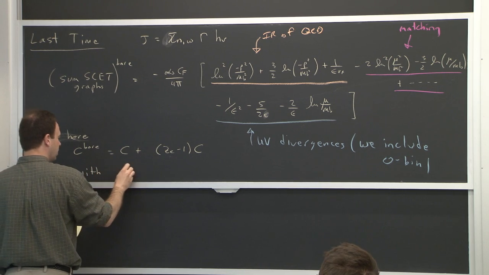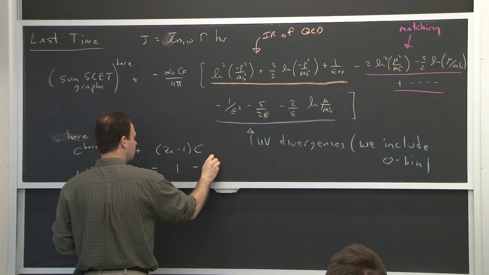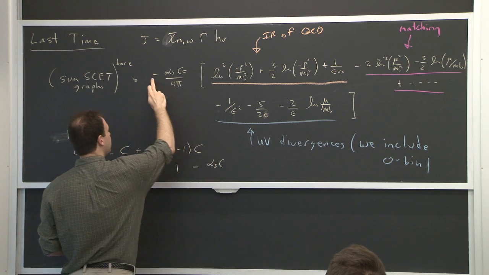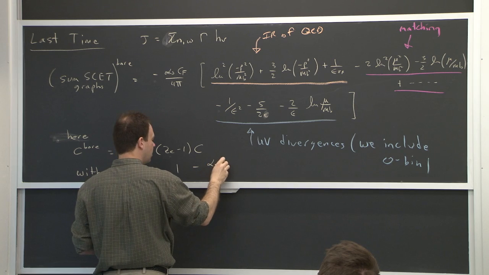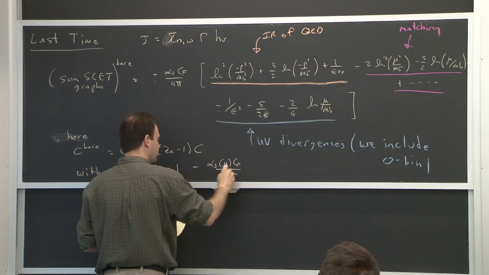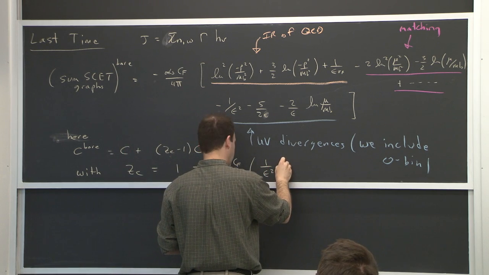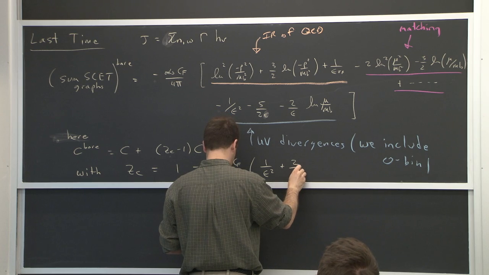And so the counter term we need is the following. With this minus sign canceling that minus sign, you get plus. And so the counter term for the operator, therefore, should have a minus. And just exactly these terms.